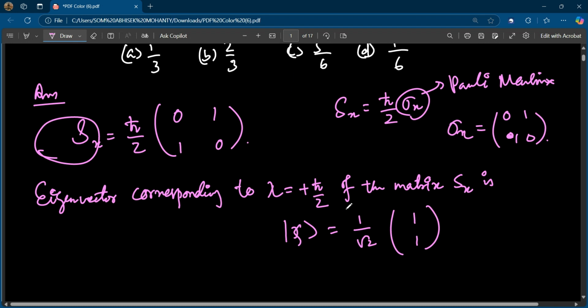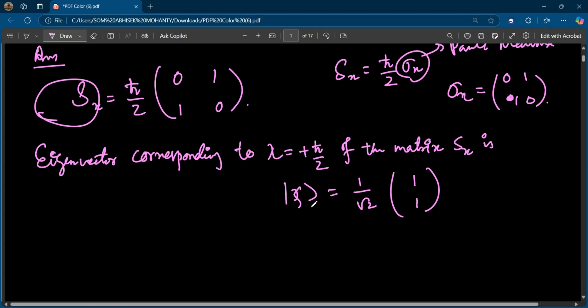You can calculate it. So corresponding to h cut by 2, the eigenvector is 1 by root 2 times (1, 1).